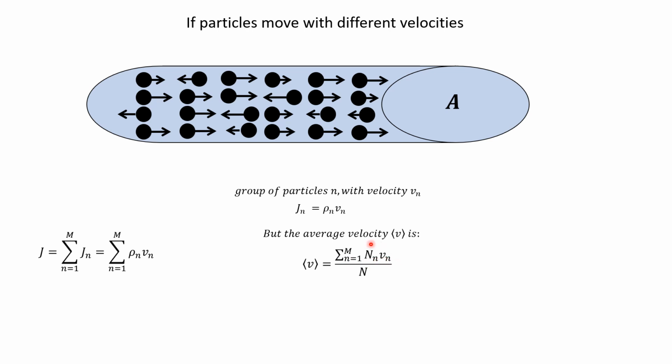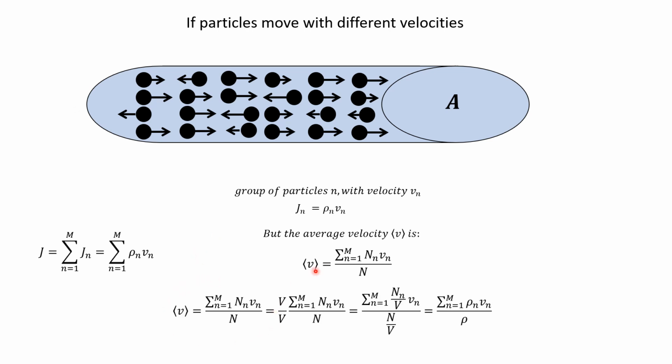So this term is the contribution of the group N. If the particles in group N have velocity Vn, then when we add up all these velocities, we get the velocity times the number of particles in the group N. So this term is the number of particles in the group N. And when we add the contributions over all groups, we get the sum over all particles. So this is just a simple average.